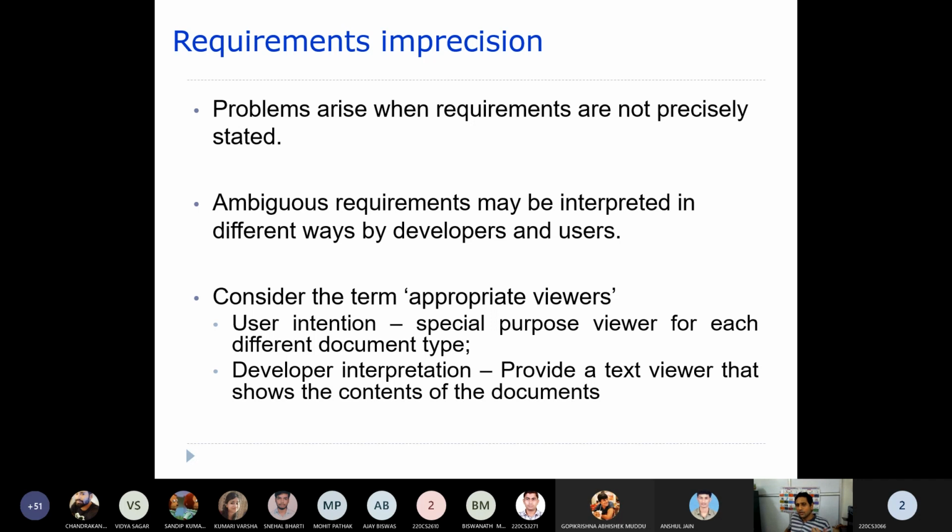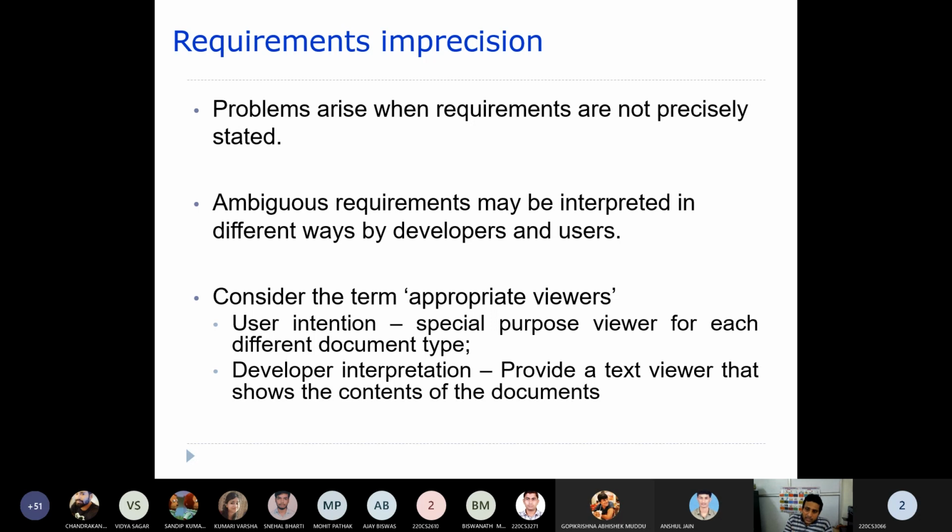So the developer will think that appropriate viewers means whatever the contents of the documents are, they should be provided to the user in a text format.